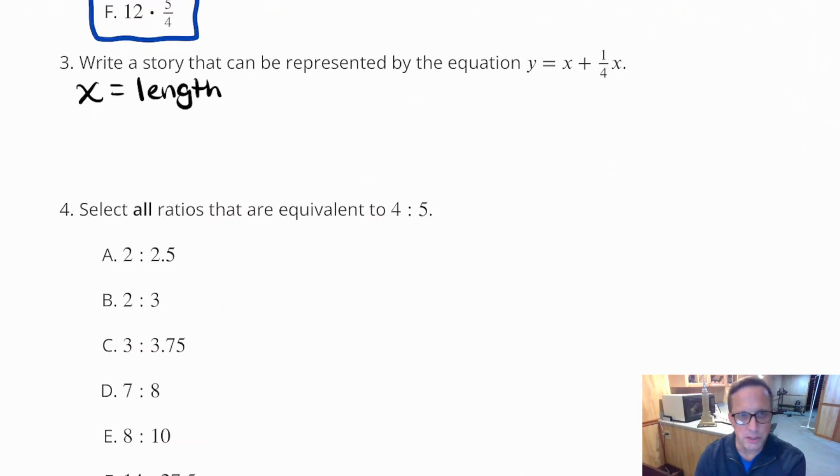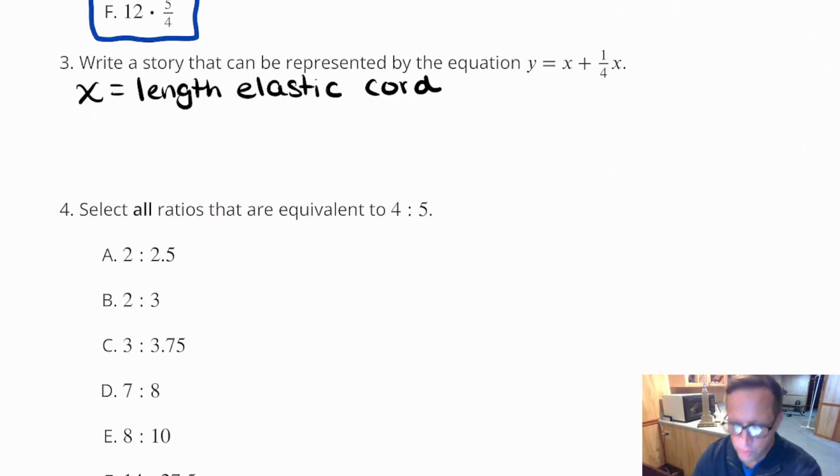I don't know how to spell bungee. Is it two E's? I'm just going to say elastic. Elastic cord. Okay? x equals the length of the elastic cord. And we know that that cord can stretch a fourth of its length.